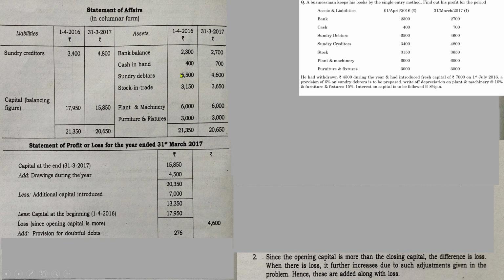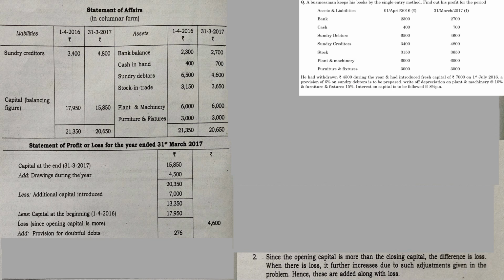So in a provision, in every business, the businessman or the concern will set aside a certain amount of profit so as to meet any future bad debts. That is known as provision.